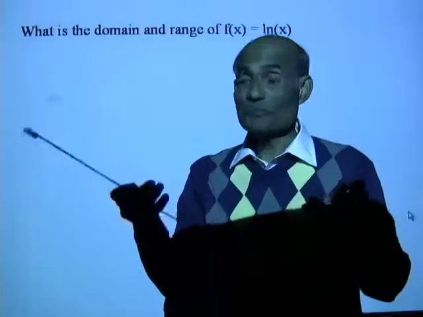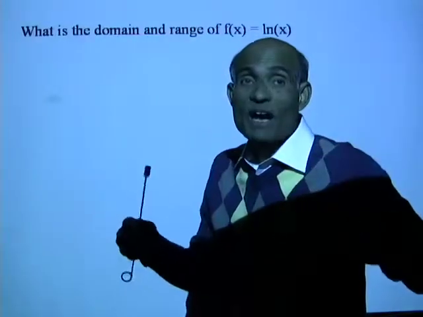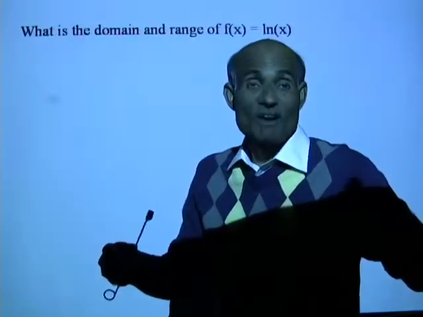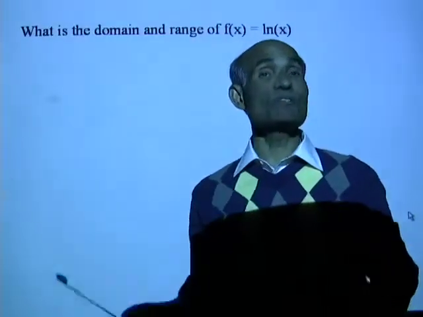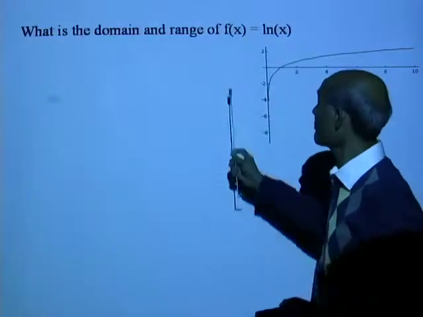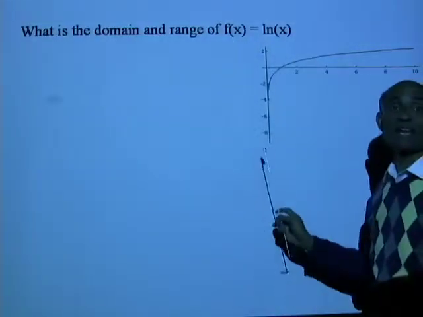If you go back and look at how logarithmic functions are defined, you will understand why ln of 0 is undefined. Now look at the graph of f of x equal to ln x.